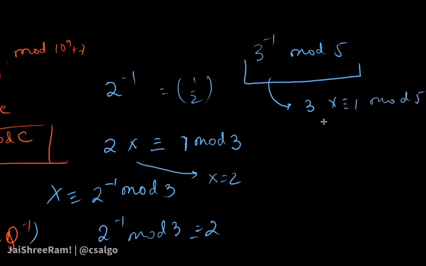What is this value of x that you can think of? Can you think of some value of x that will satisfy this expression? Again x equal to 2, right? Because 2 times 3 would be 6 and 6 remainder with 5 will give you 1. So this we are doing currently by manual inspection. We'll look into how to find this out for every a and x. Okay, so x is equal to 2, right?